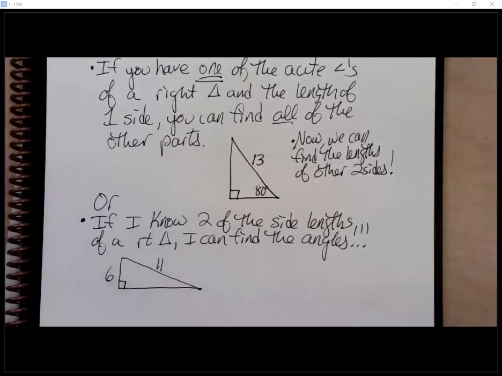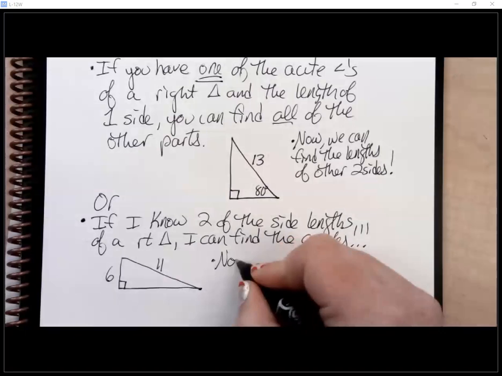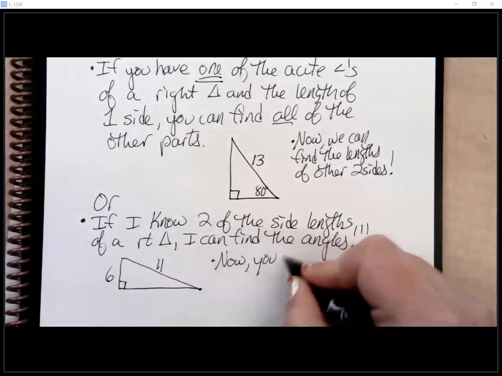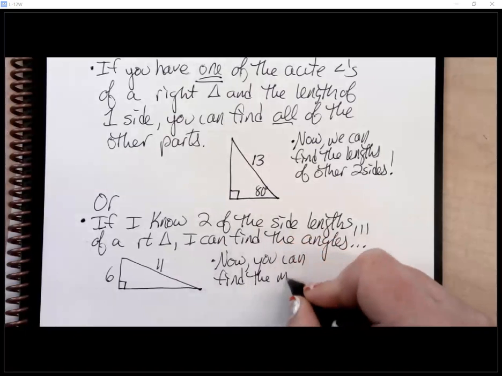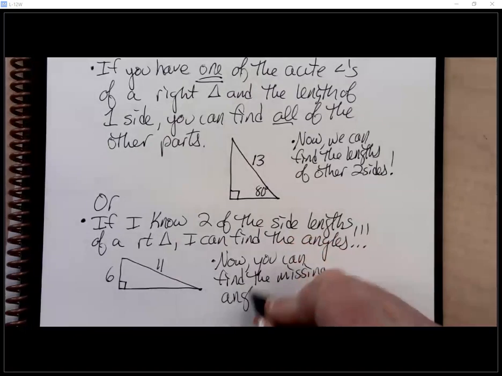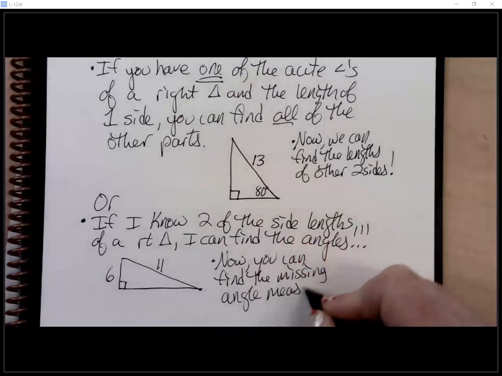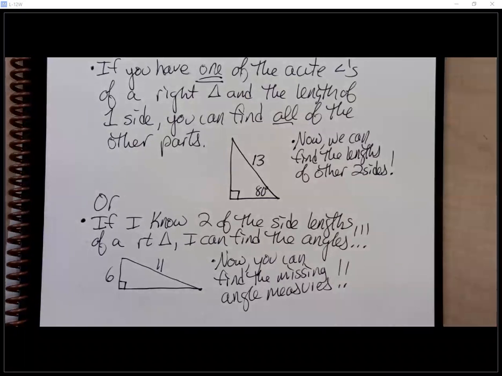Oh my gosh. Now you can find the missing angle measures. What? I know, it's so cool. So that's what we can do with this.